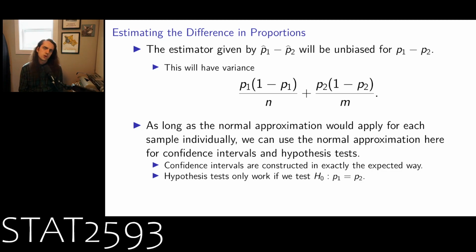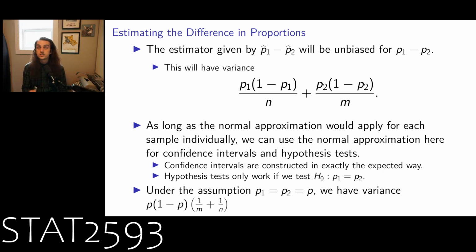And you could work out what the approximation would have to be if you wanted to test different differences. In practice, we're almost always going to want to test that the difference is equal to 0, right? And so because of that, this isn't actually going to be a big hurdle in practice, but it is worth noting that for the first time, we have a restriction on what hypothesis we can test. We can do either one tail as well, but we have to sort of rely on the equality being the test that we're running there.